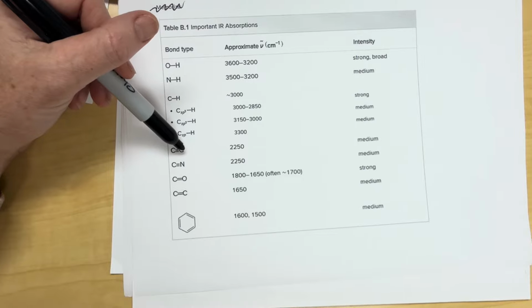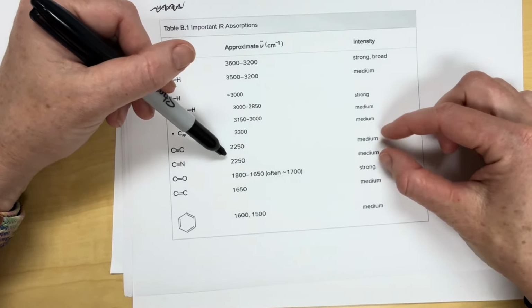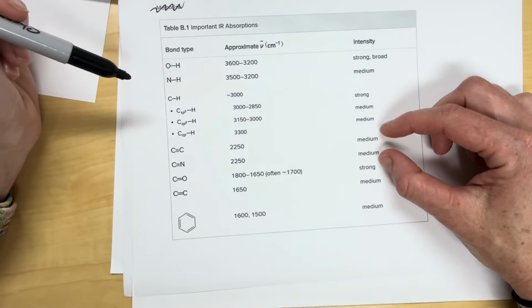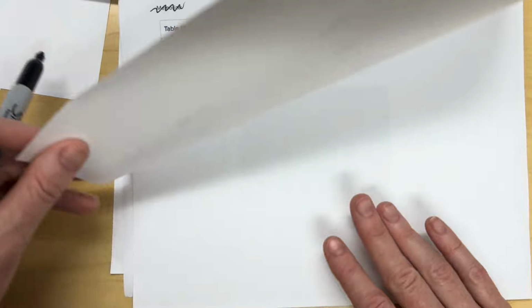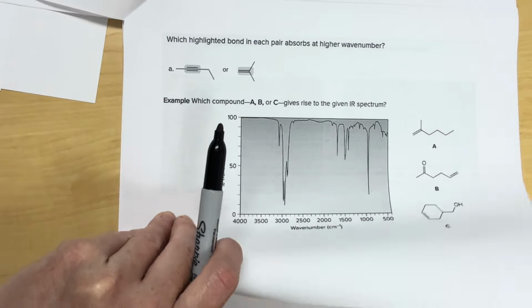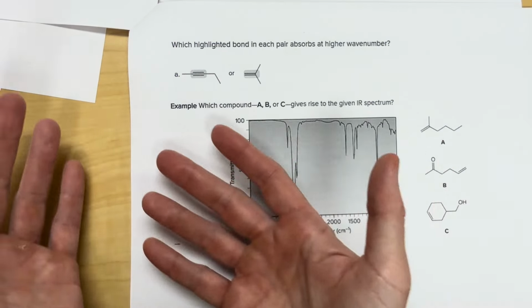C triple bond to a C and C triple bond to an N come out exactly the same. It's really hard to determine which of those it is. So IR spectroscopy is just another clue or another tool in our toolbox. You could also use NMR after this to figure it out.